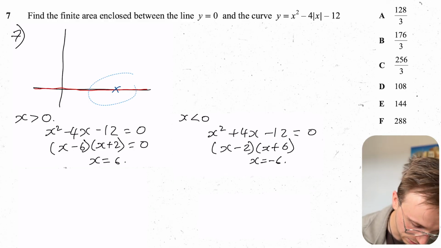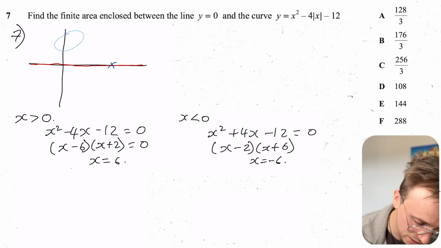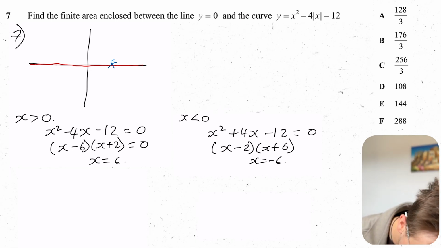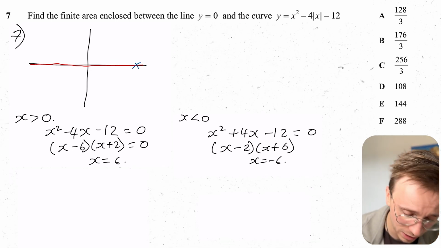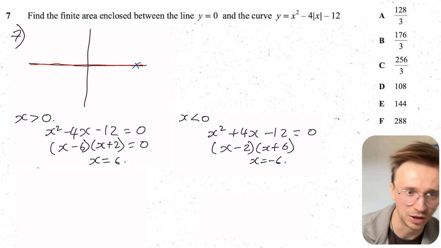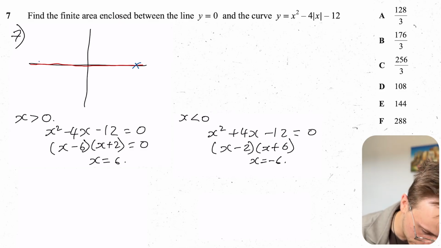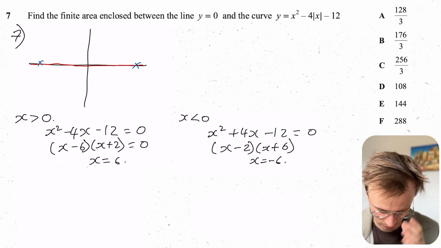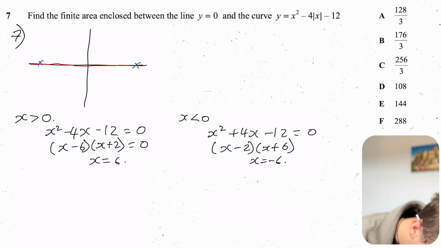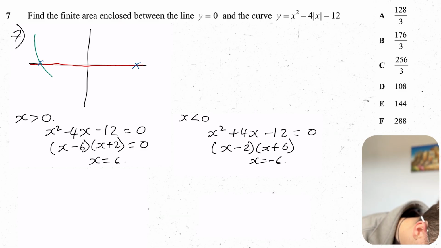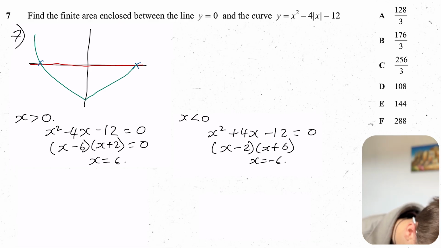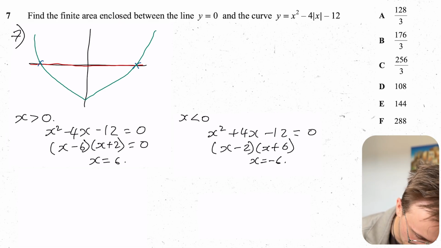So this is symmetric, which now makes sense, because x squared is even, mod x is even, and the constant is even. It's going to be a bit jagged, but it looks something like this. So we want the area in between there.